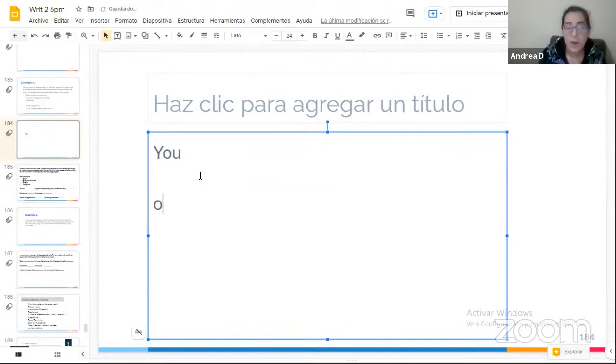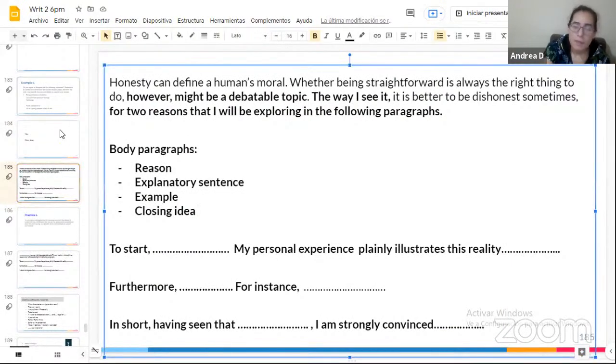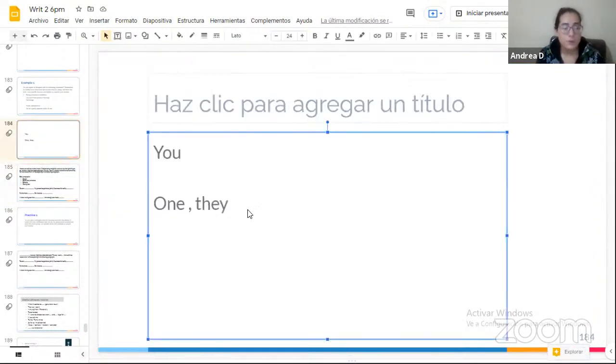So you can say "when one is honest," and you can use "they." It's up to you, the one that you feel more confident with. You do need to practice a bit if you want to use "one," so that you don't get mixed up the day of your test. But you don't necessarily have to be that formal. It's okay if you use "you," but this is something extra that you can do.